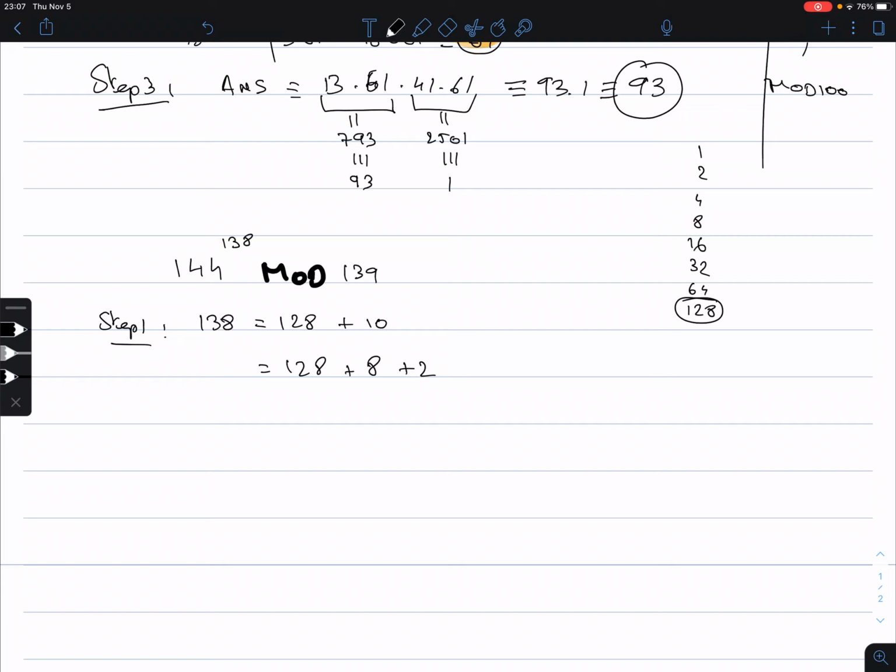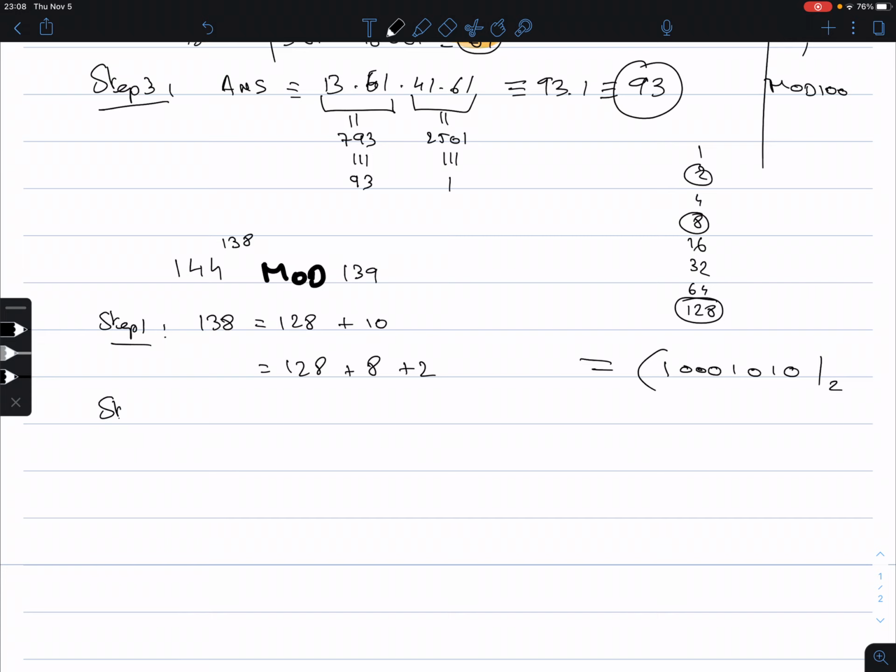And 2 is already a power of 2, so I'm done. And this always works, because what we're finding is the binary. So in binary, remember, a 1 if the number is there and a 0 if the number is not there, so that would be a 1, then 3 zeros, then a 1, a 0, a 1 and a 0. That's the binary of 138. But we don't need that, we need just these 3 powers.